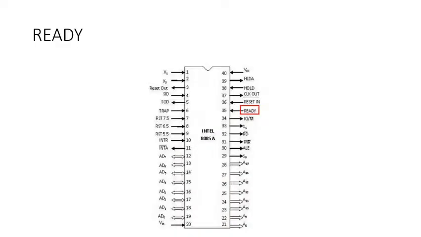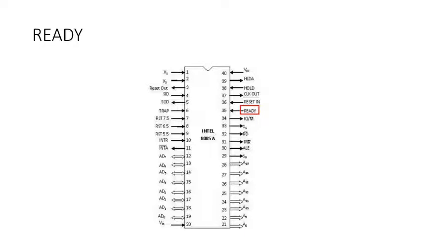The next pin is pin number 35, ready pin. This pin is used to synchronize slower peripheral devices with the fast microprocessor. Suppose our microprocessor is connected to some other device, and that device is performing very slowly, or operating at a much lower frequency than the microprocessor.